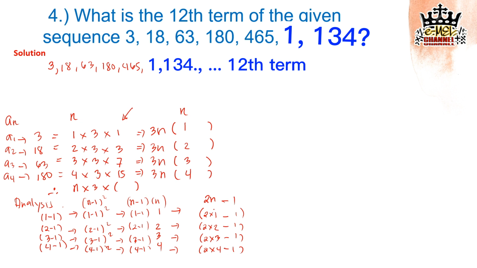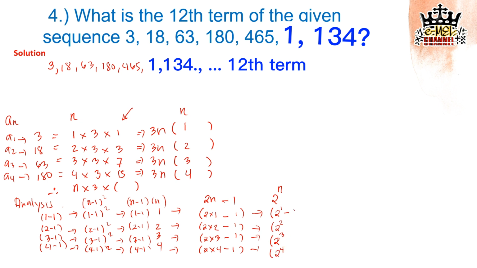Now, look at those numbers. What if we're going to raise the n as the power of 2? So, let's try. We have here 2 to the power of n. Now, 2 to the power of 1 is 2. 2 to the power of 2 is 4. 2 to the power of 3 is 8. And 2 to the power of 4 is 16.